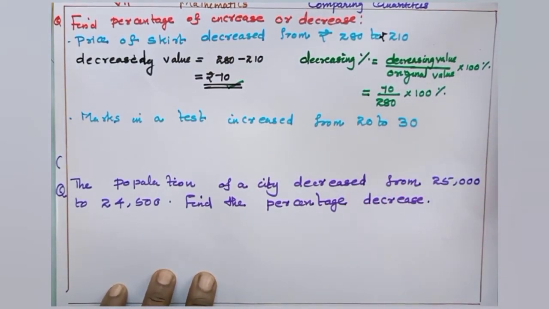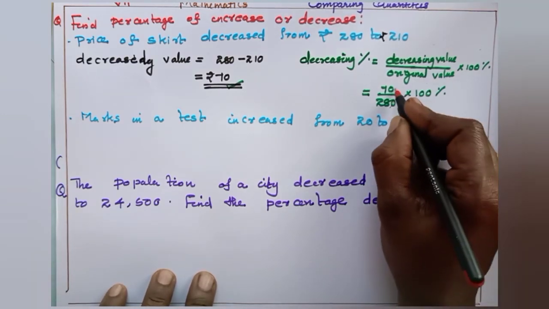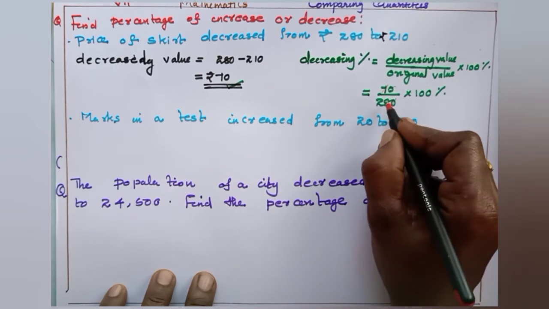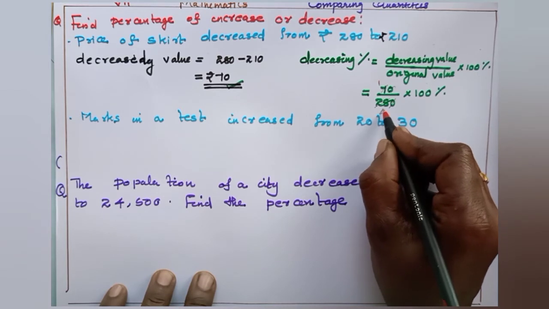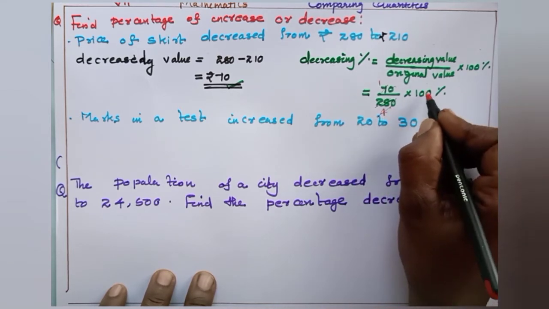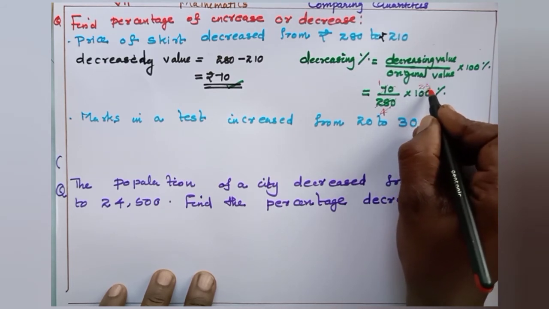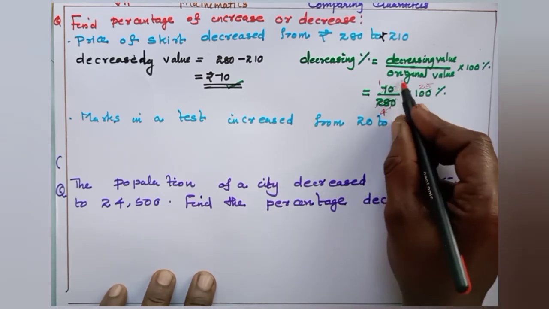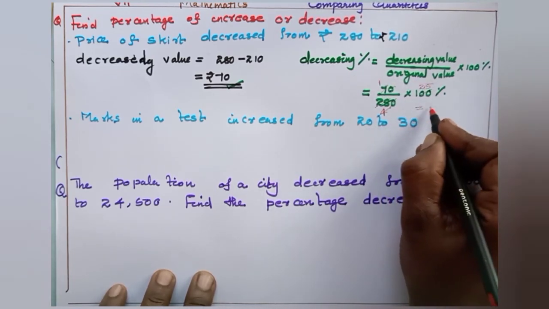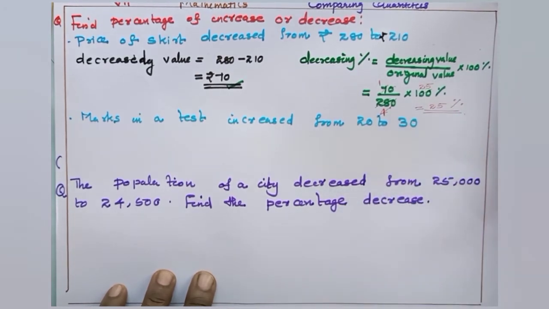So we can cancel these two 0s. Then 7 and 28: 1 7 is 7, 4 7s are 28. Then 4 and 100 we can cancel 25: 4 into 25 is 100. So in numerator 1 into 25, 25. Denominator, no number. So we get the decreasing percentage is 25%.